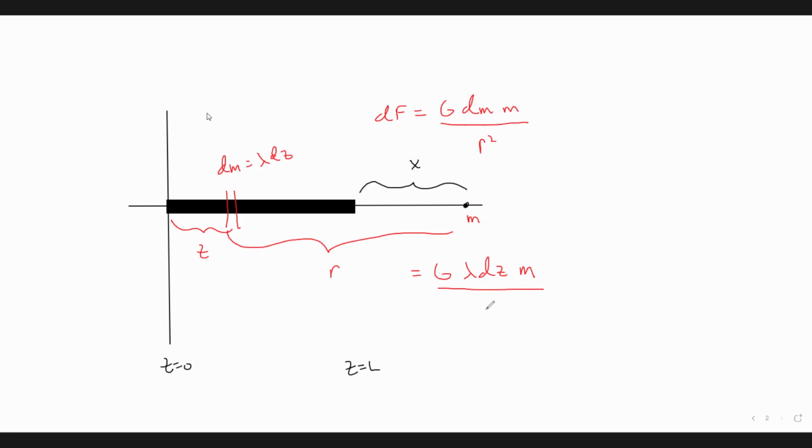So r is equal to x plus L minus z, and that's squared. Is that right? X plus L, then subtract this z, that's the distance. Okay, so F is just the integral over z from 0 to L.